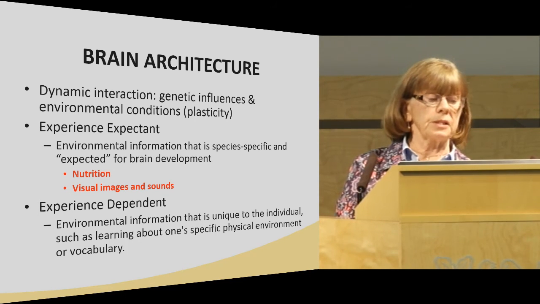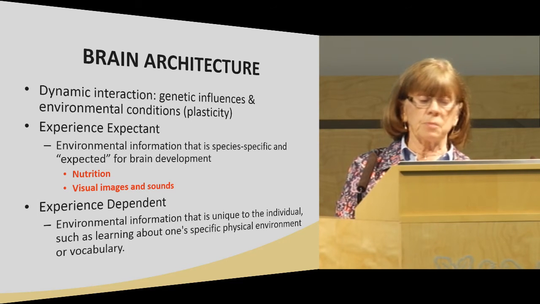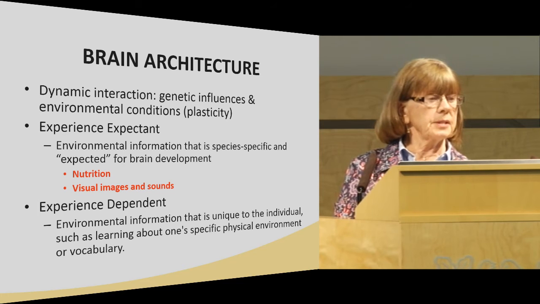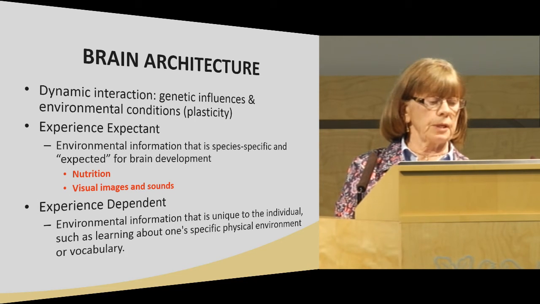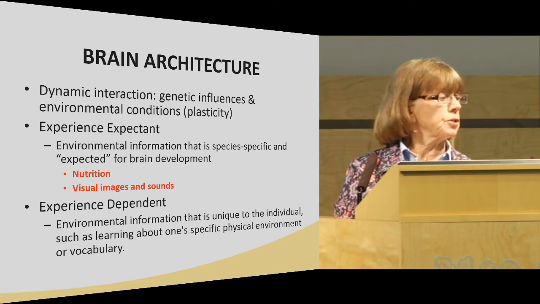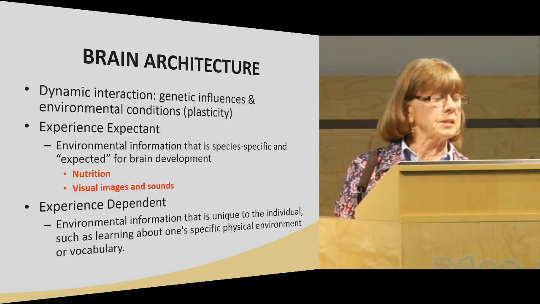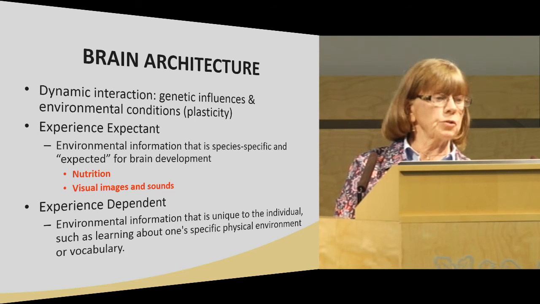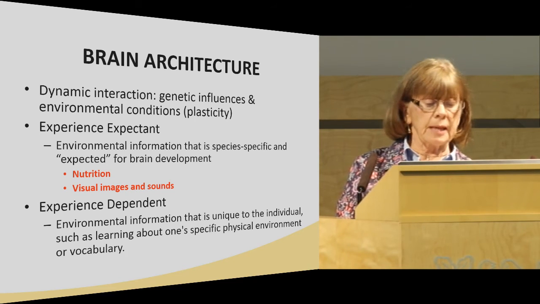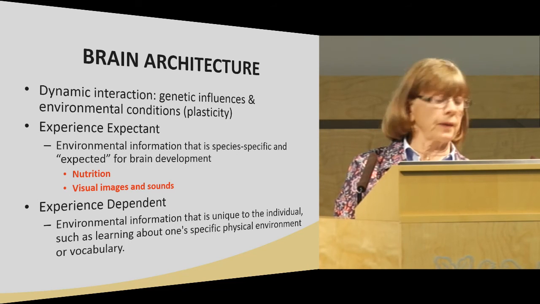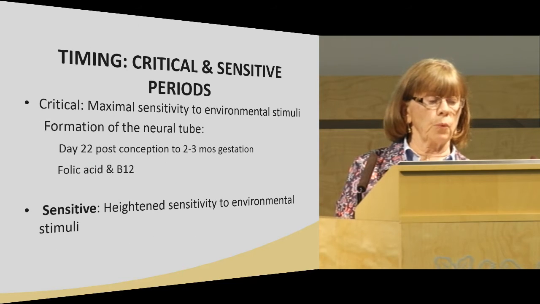These are species-specific experiences that contribute to brain development, and we'll show you some examples in nutrition as well as visual images. And then there are what are called experience-dependent, and these are the kinds of experiences that are unique to the individual, such things as why we speak the language that we do.